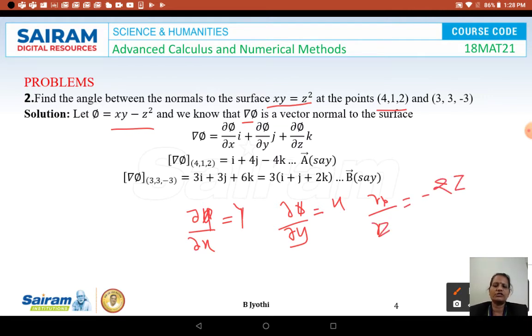So when we substitute the points, we get the first vector as this.